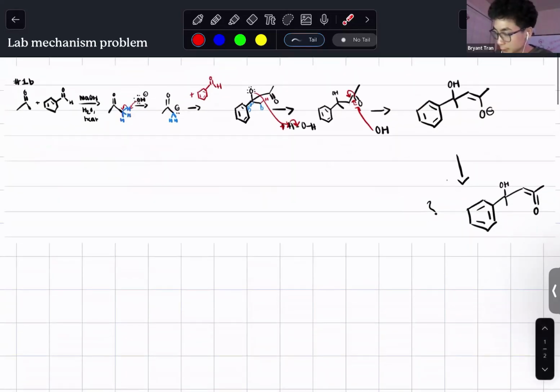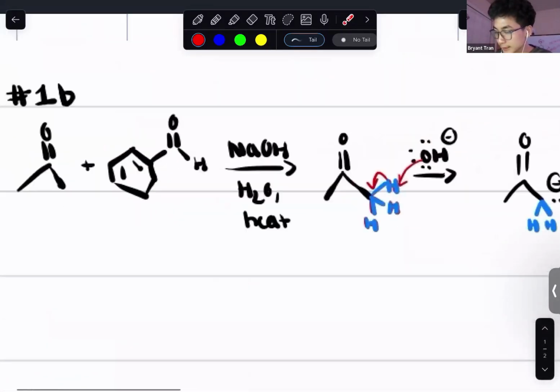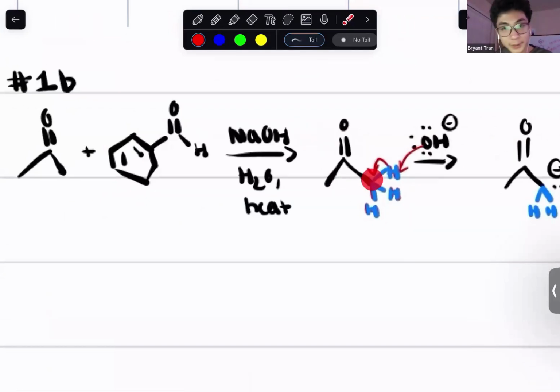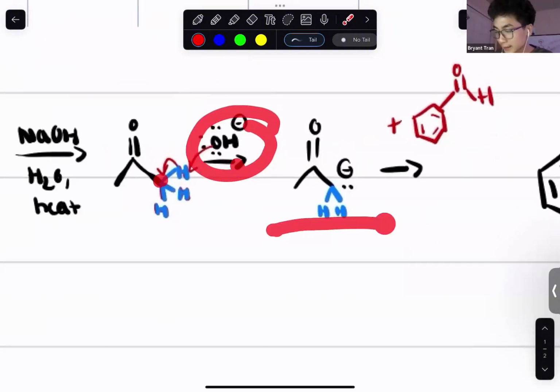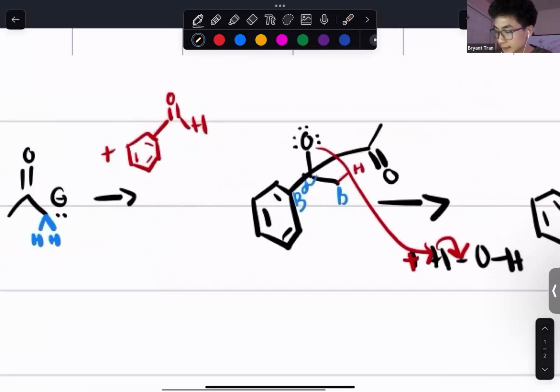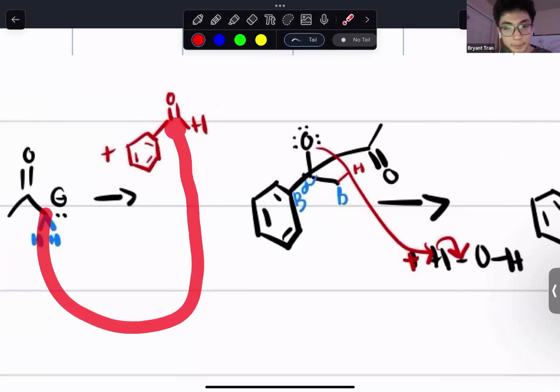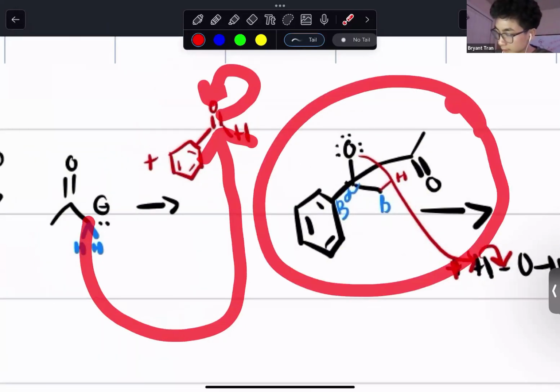So you first deprotonated the alpha carbon with the strong base in the first step. That's good. It forms this enolate ion, putting a negative charge on that alpha carbon right there. Once you have that, this is our nucleophile that's going to attack this electrophile carbon and push the pi bond to the oxygen, which would give us this.